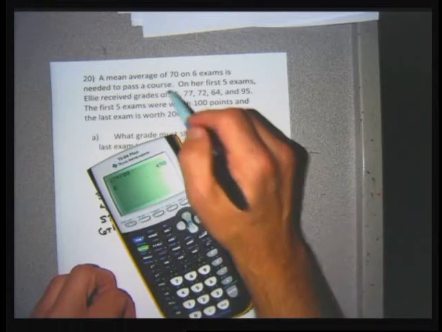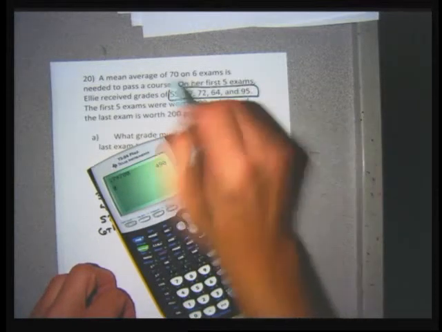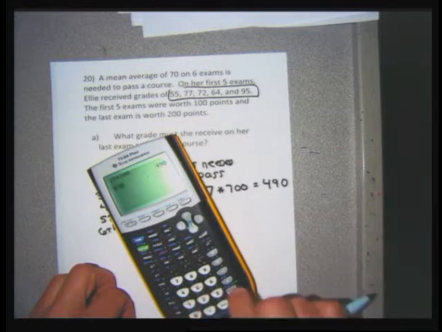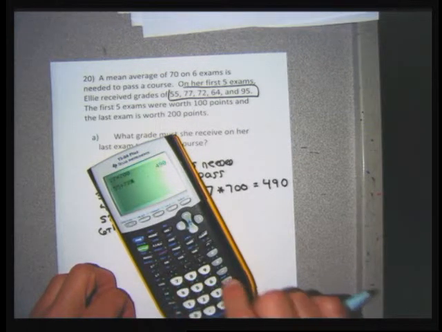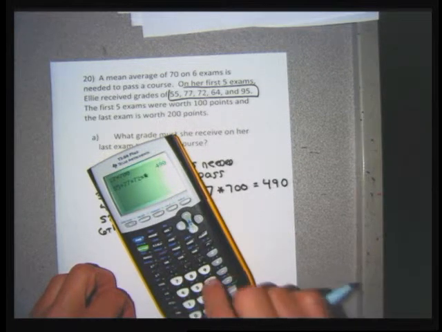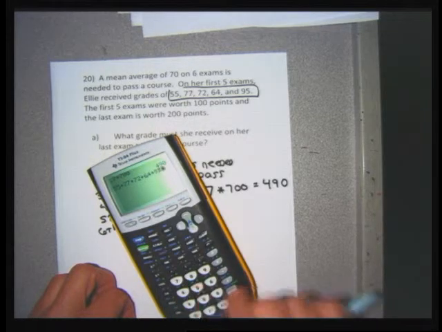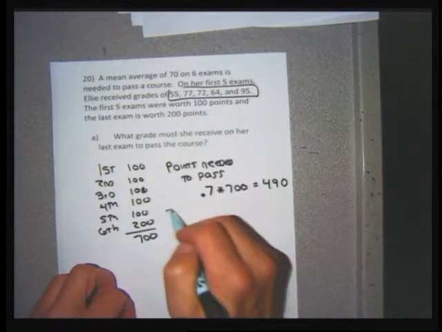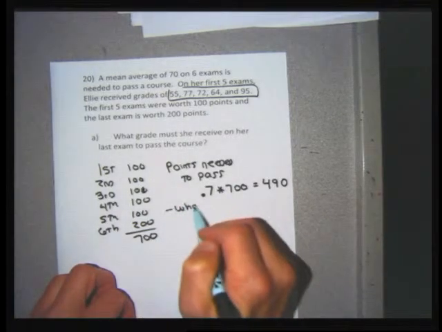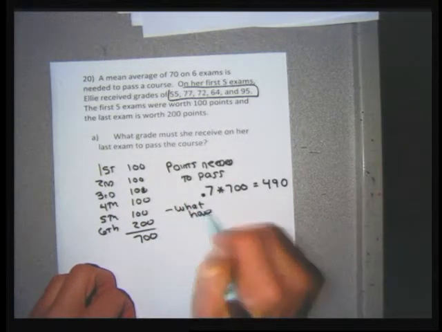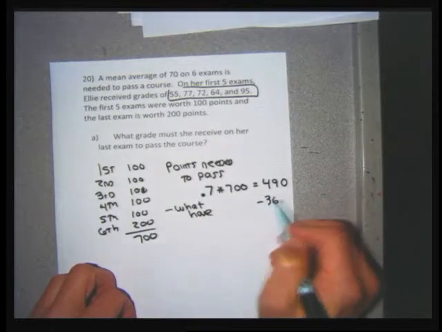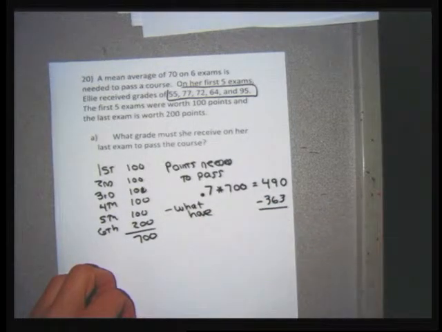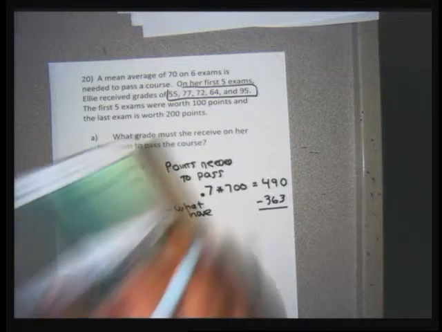Well, we already know what she has. So she has 55 plus 77 plus 72 plus 64 plus 95. She has 363 points. The difference between the total number of points you need at the end of the semester and what you have is what you need on the last test.